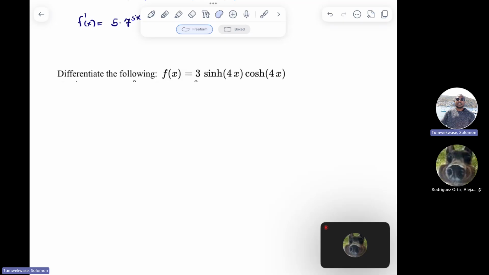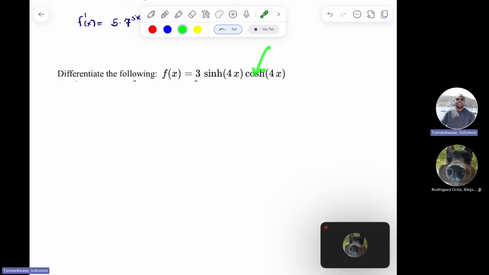As usual, this is product rule. So once again, let us see what happens if we do it in two ways. So the first way is you can take the derivative directly. Once again, the derivative of sine hyperbolic is cosine hyperbolic.